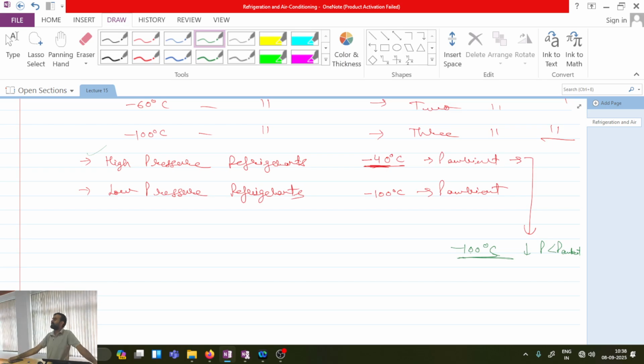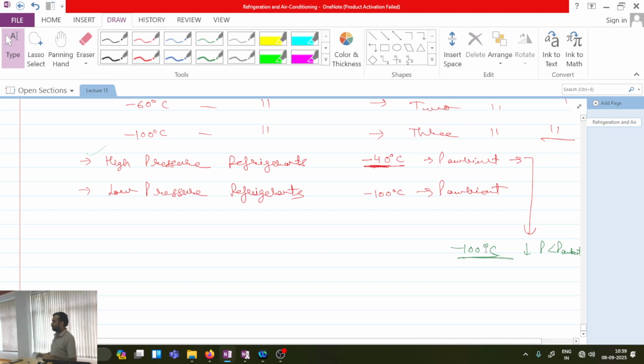Hermetically sealed compressors have the advantage that the chances of leakages in these compressors are very, very less. So one can say that even though my pressure is less than ambient pressure, I can go for the hermetically sealed compressor. The disadvantage is that, typically, whenever your compressor is completely sealed inside a vessel, the compressor requires cooling.